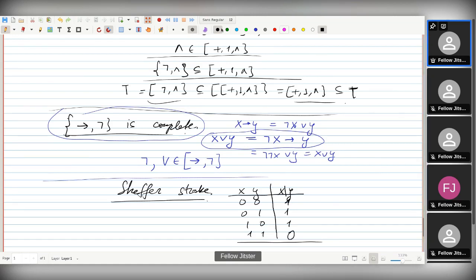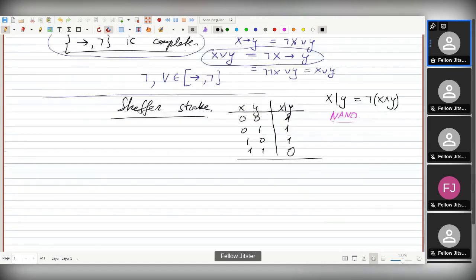So it equals the negated conjunction. In electronics, it is known as NAND, not AND. This function allows us to compute every other Boolean function. It is enough to have just such logical gates, such functions in our base.